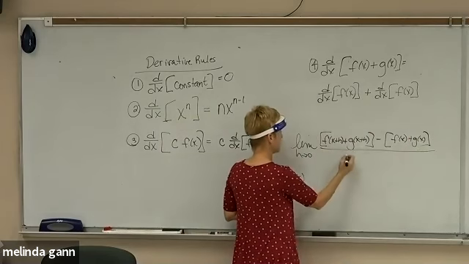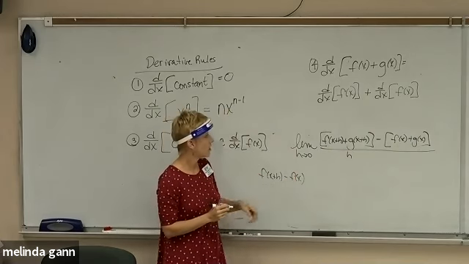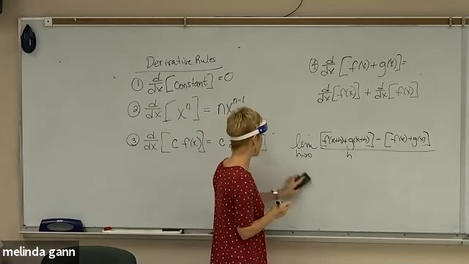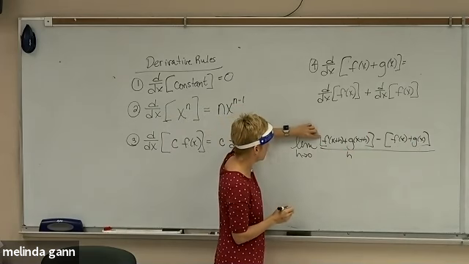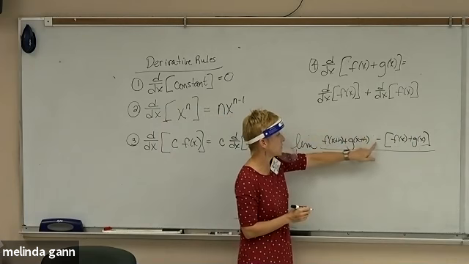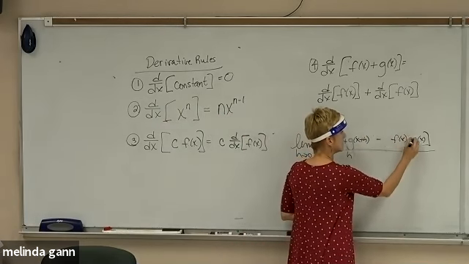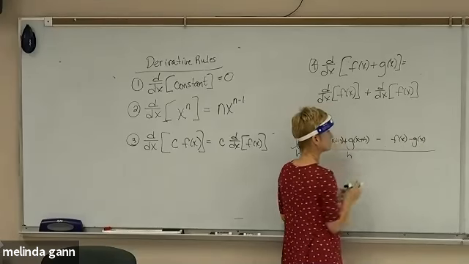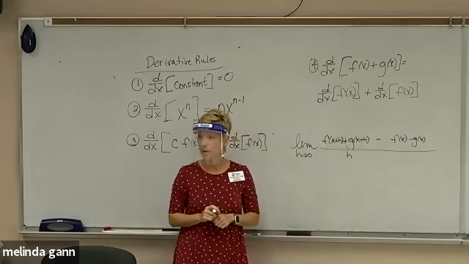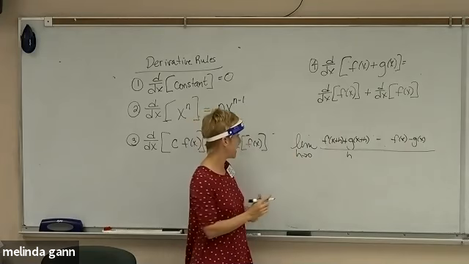And all that would be over what? Over h. Now, that first bracket doesn't do me any good, so I can just drop it off. But I've got to distribute this, so it's going to be a minus f of x and a what? Minus g of x. Now, I'm going to rearrange some things, but if I were doing a proof, I'd have to do something else.